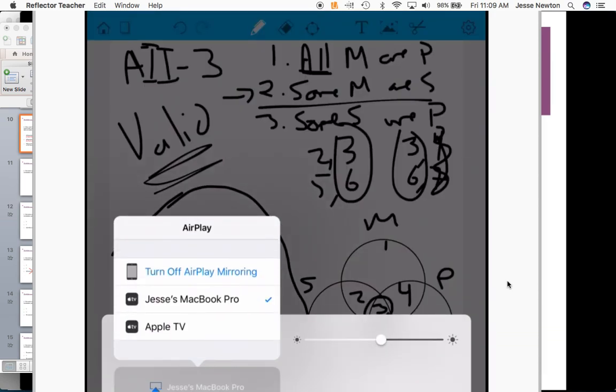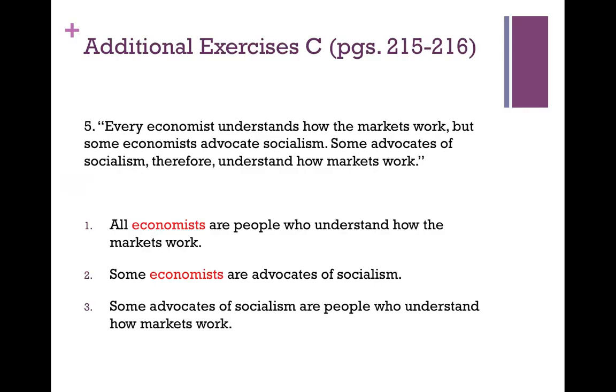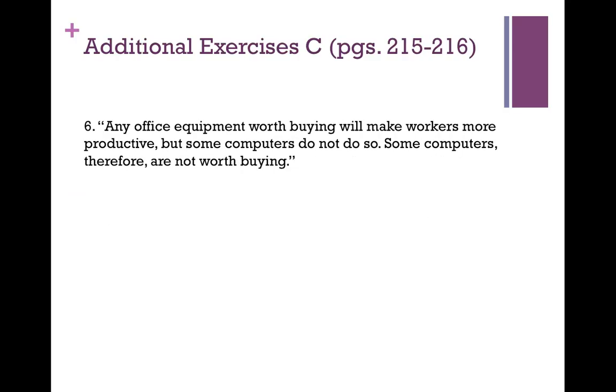All right, let's continue right along. Number 6 says the following: any office equipment worth buying will make workers more productive, but some computers do not do so. Some computers, therefore, are not worth buying. All right, well, the first thing we have to do is to distill this argument, and we have to figure out what the conclusion is.